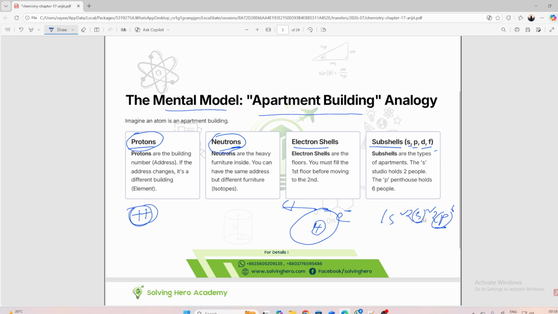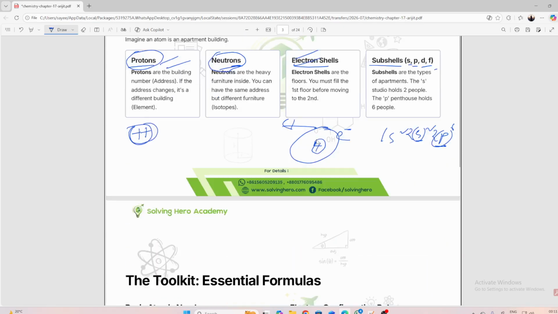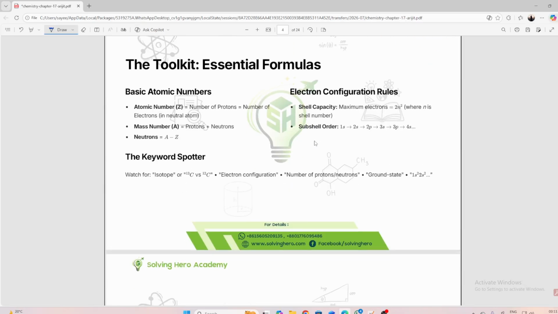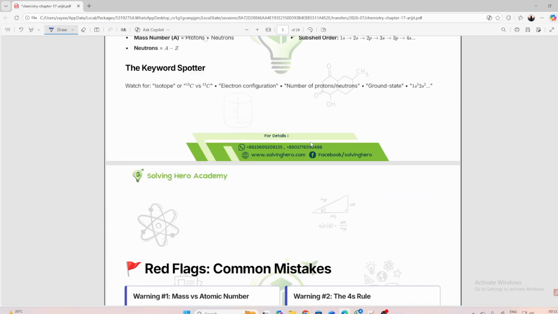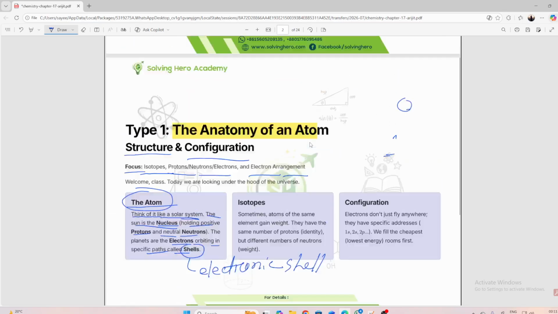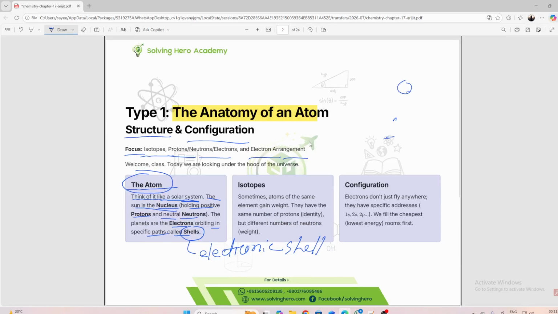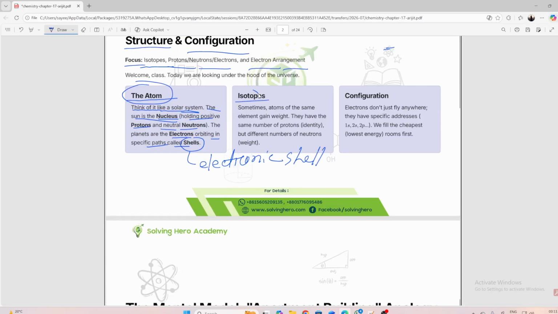We will discuss this later, but at first you have to just focus on proton and electronic shell. So clear? Before I jump into another topic, let me first explain what is isotope. So now we will learn what is isotope.